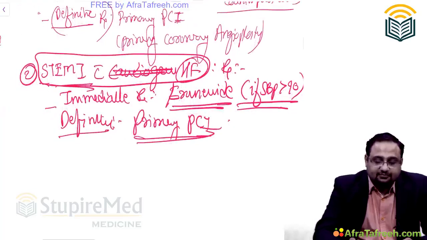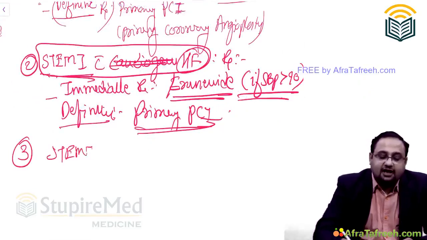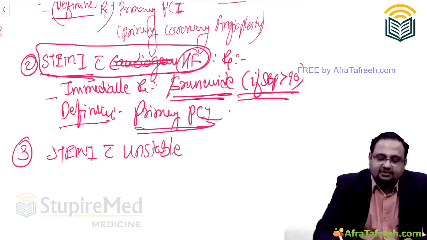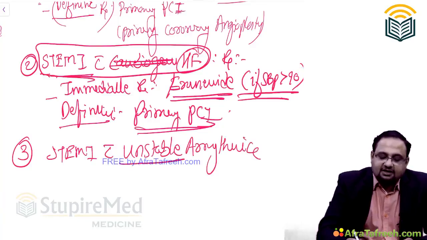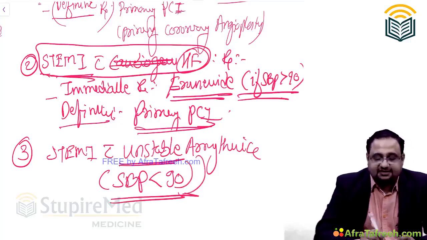Next, the third contraindication is ST segment elevation myocardial infarction with unstable arrhythmias. The word unstable means systolic blood pressure is less than 90. Remember one thing in life, friends.